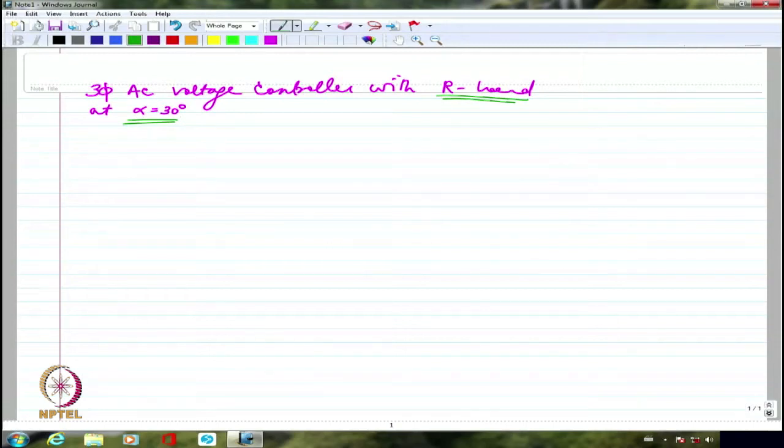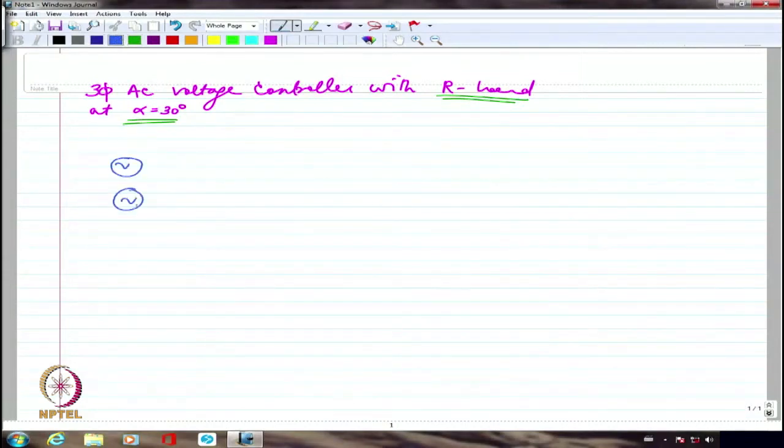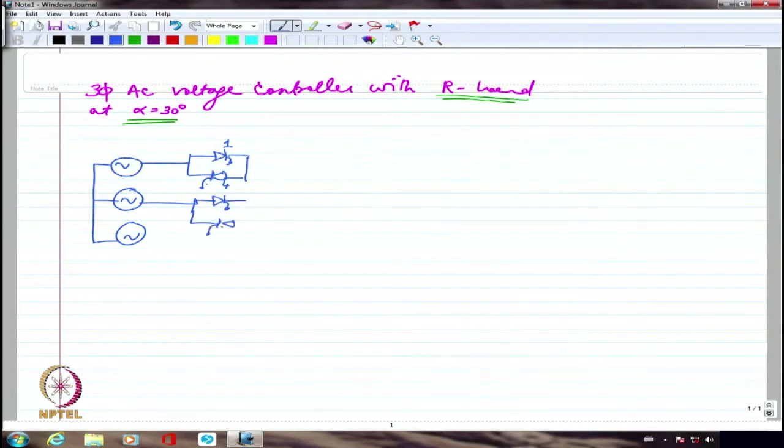So we said that we are going to have three-phase voltages, and I am going to have one, this is A phase, so 1 and 4, then B phase, which we call 3 and 6, and then C phase, which is going to be 5 and 2.